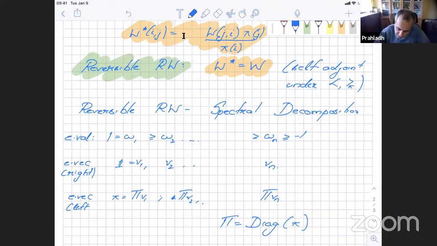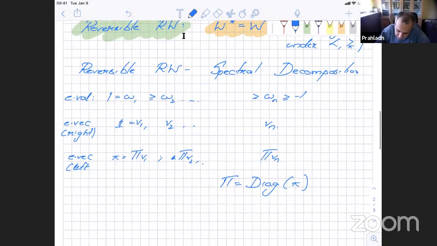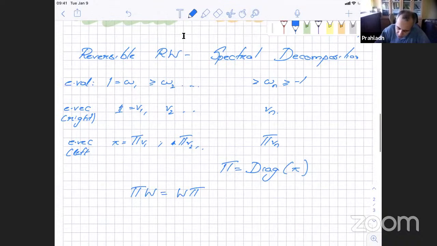We also made a quick comment that for reversible random walks, pi W equals W pi. Therefore, W could be viewed as pi inverse times pi W, and pi W is a symmetric matrix.